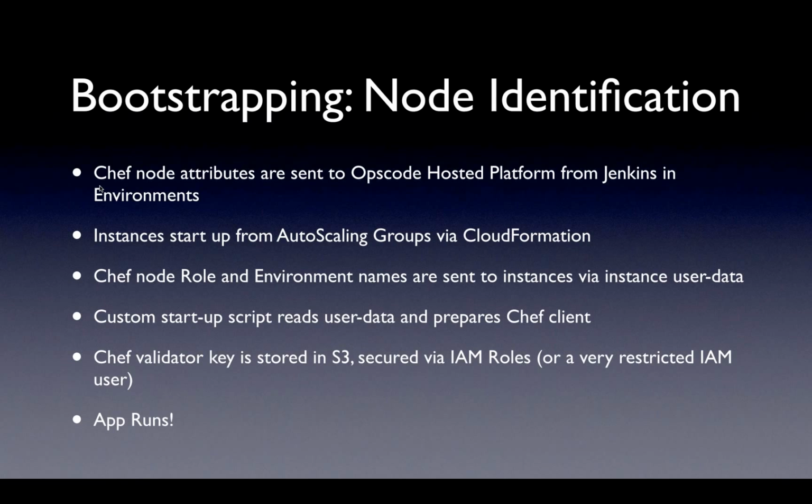So the bootstrapping script will actually take the role that comes from user data and configure the node name that way, as well as the environment. So in the run list, it'll create the run list based on the user data information that it finds. And the validator key, as I said before, is stored in S3.